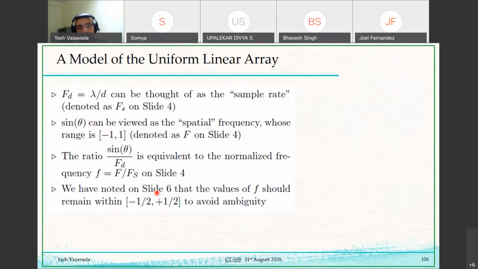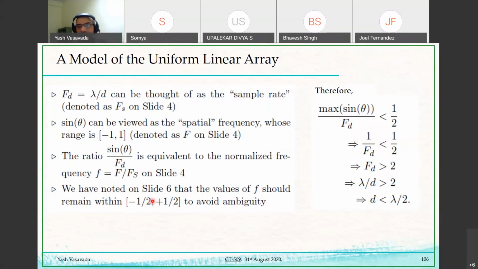And so what we want to make sure, just the way we made sure in the discrete time case that capital F does not exceed half of fs, here we have to make sure that the sine theta divided by fd remains within this limit. So that calculation is very straightforward to do. We have to just make the maximum value of this space frequency divided by fd to be less than 1/2, which will also make sure that the minimum value of that ratio will be greater than -1/2.